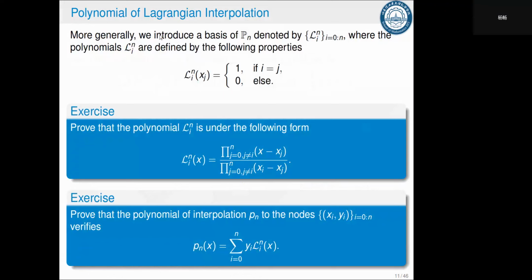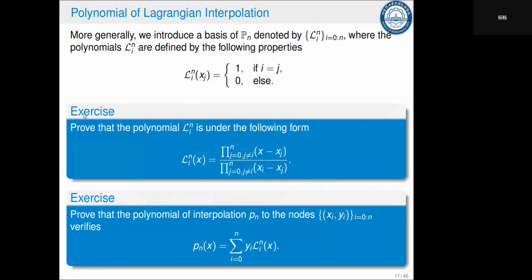We can introduce a basis for Pn, denoted by L_i^n, polynomials of degree n, which verify the property here: L_i^n(xj) is equal to 1 if i equals j, otherwise it is equal to 0. Suppose that we can find such a basis.